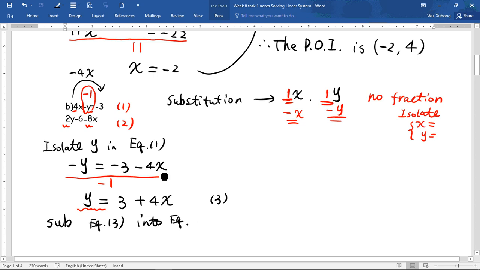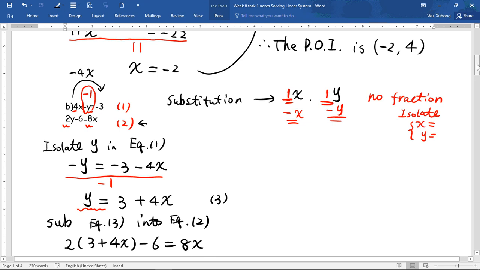And be careful, you use equation 1, solve for y, you need to use different equation to solve for the point of intersection. Okay, then you are going to have to replace y with right side, 3 plus 4x, and copy all the other terms down from that equation.